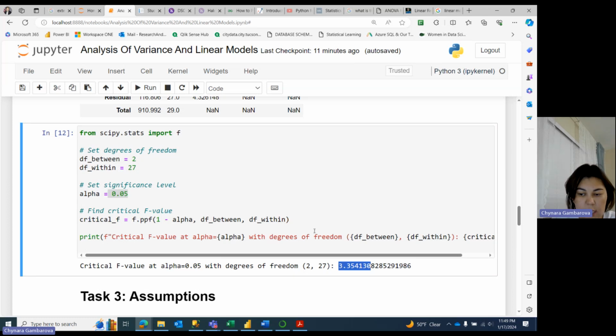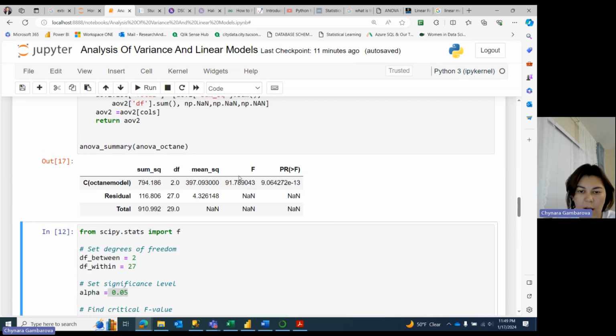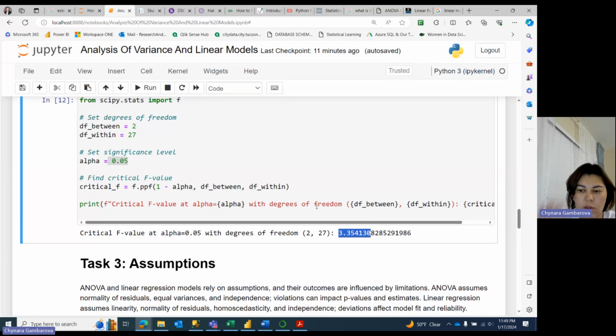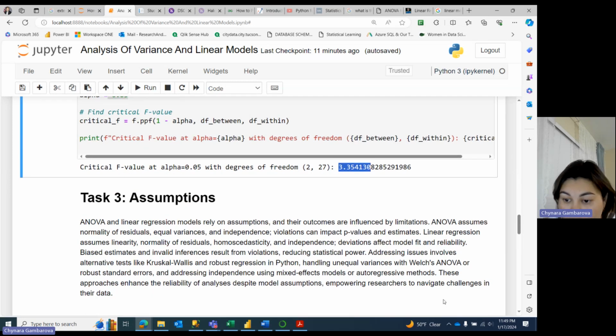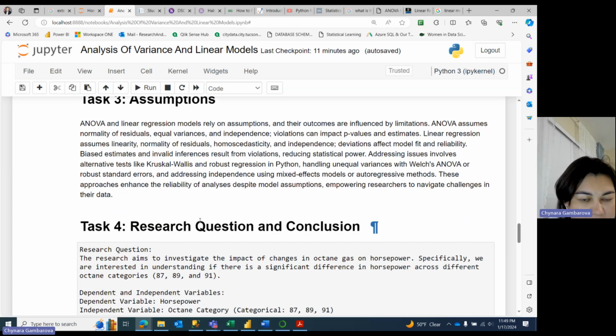So as you can see, our F value is way higher. So it is in the rejection area of the right-tailed model. So then we can reject. It means we reject. And here we have assumptions, and I am going way over my time limit.